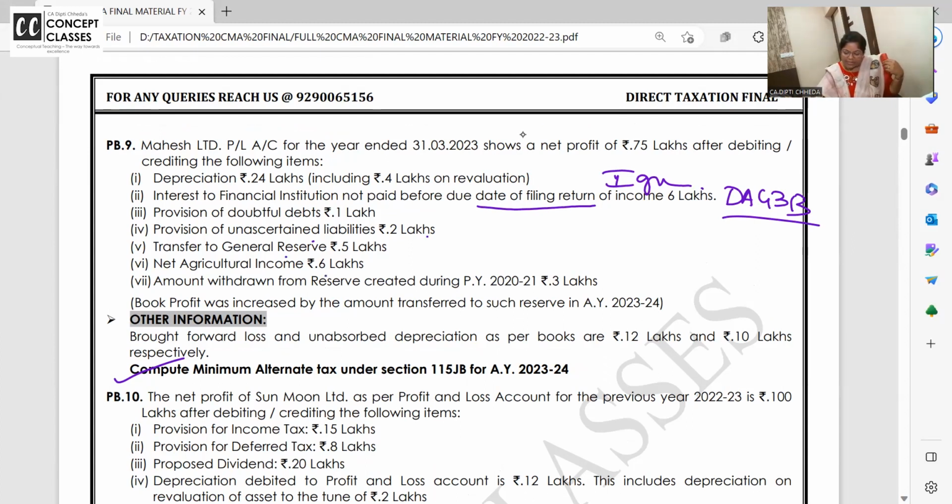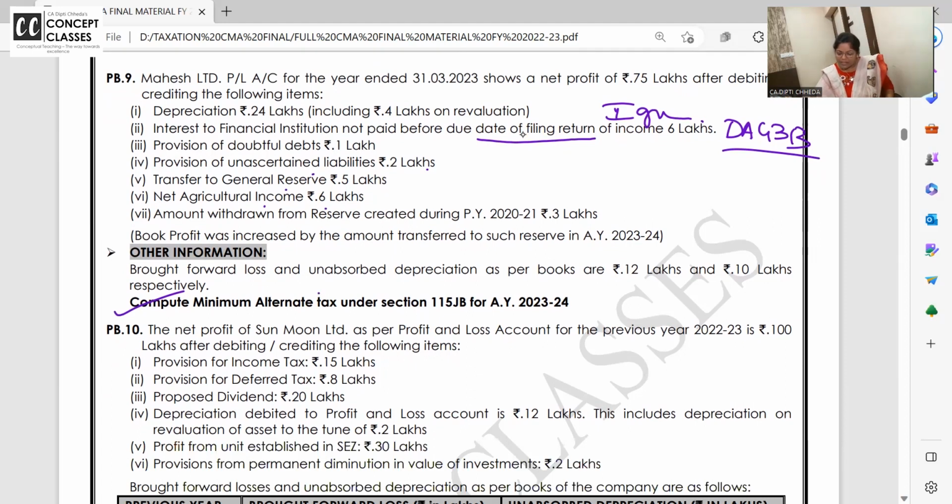Net agricultural income, if you have credited, remove it, because on that you don't have to pay the tax. Amount withdrawn from the reserves, if you have credited it in P&L, remove it. Brought forward loss and unabsorbed depreciation are 12 and 10, whichever is lower. So 10 is allowed. Promise you all will do it in the notebook and give the correct answer.